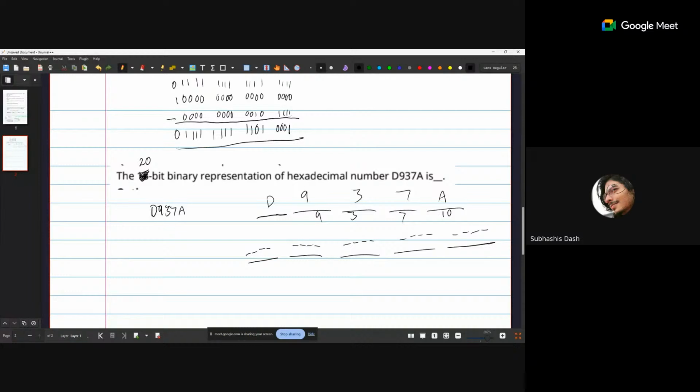So, firstly, let's go from right to left. So 10, we already know, is 8 plus 2. Sorry, 4 plus 4 plus 8 plus 7.